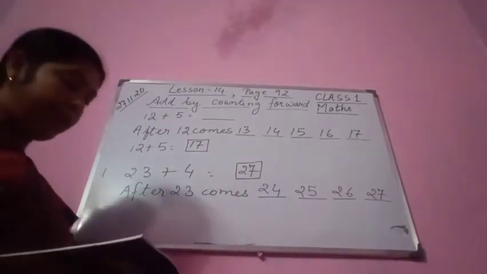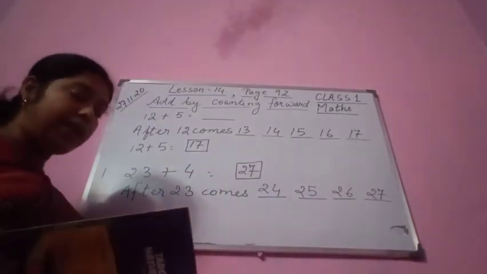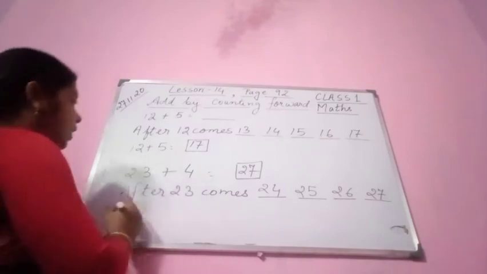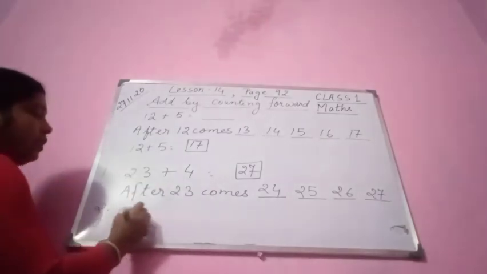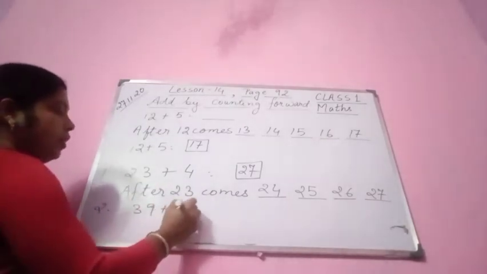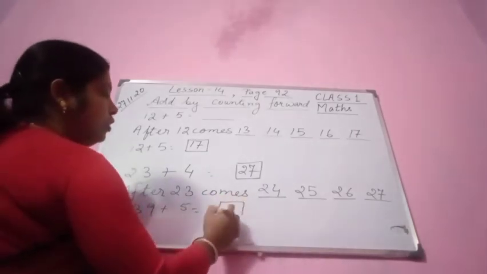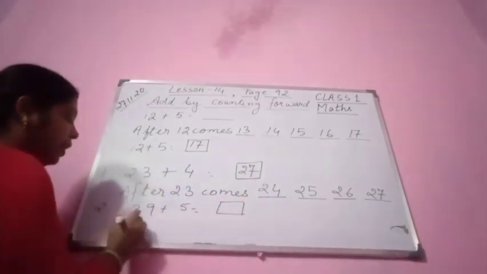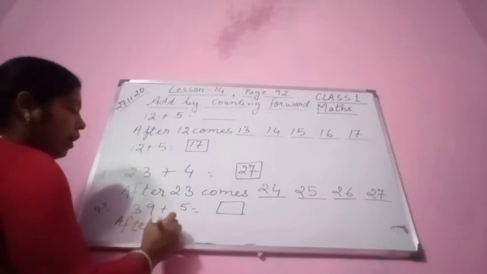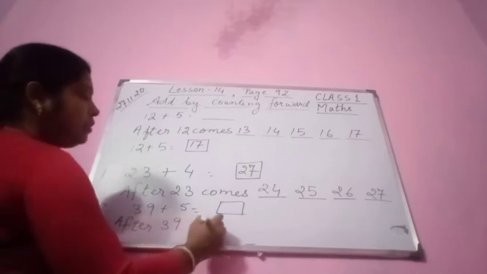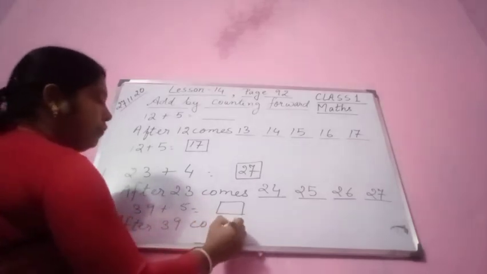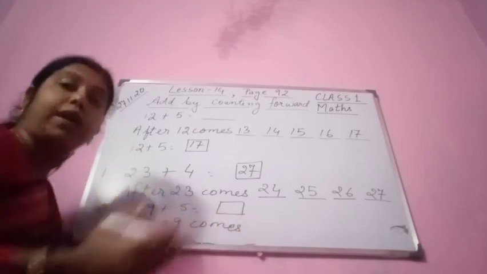Okay, next number you see 39 plus 5. See number 2, 39 plus 5 equal to how much? After 39, 5 more we have to count.